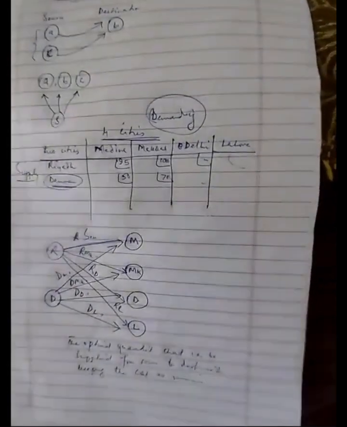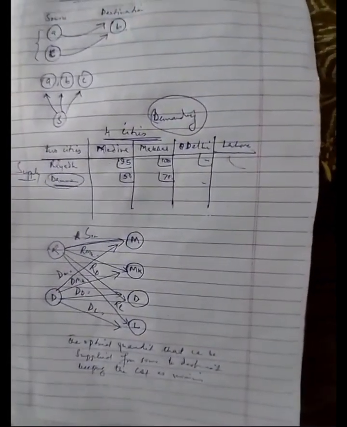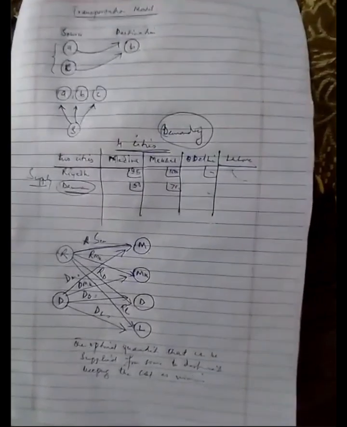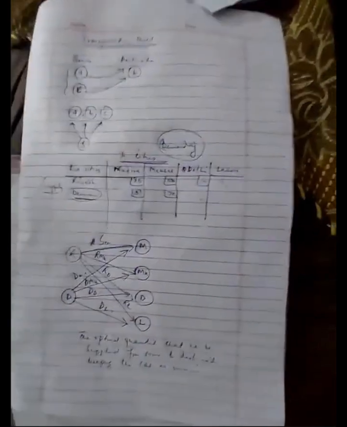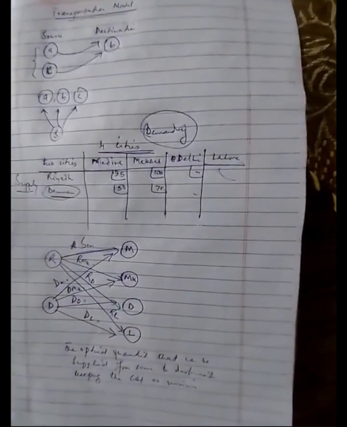We will first try to model it, and then we will try to solve it in TORA. Okay, so now this is example 5.1-1. It is in the Taha book, chapter 5.